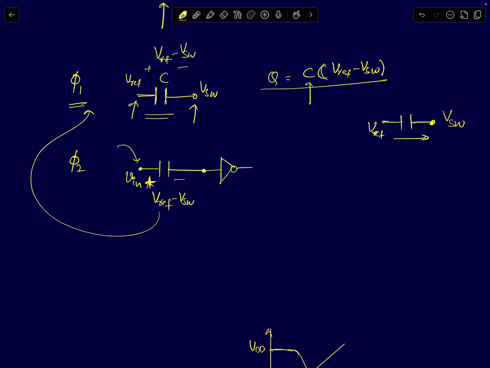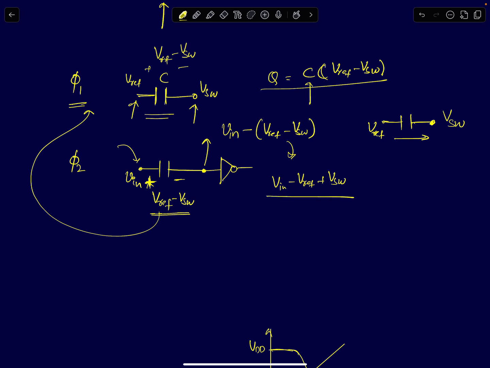What was that voltage? That was Vref minus VSW, and the charge is C times this. The voltage across the cap will remain the same, which is Vref minus VSW. This node voltage will therefore come to Vin minus (Vref minus VSW), which is nothing but Vin minus Vref plus VSW. So when phi 2 goes high, this node voltage comes to this value.